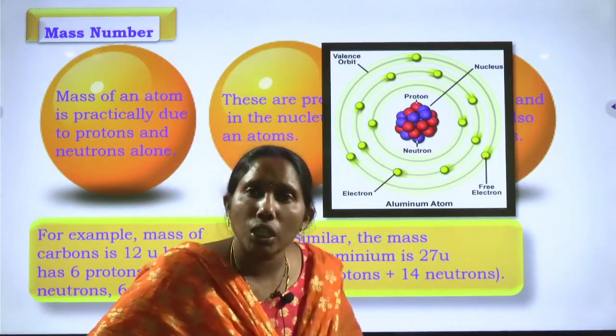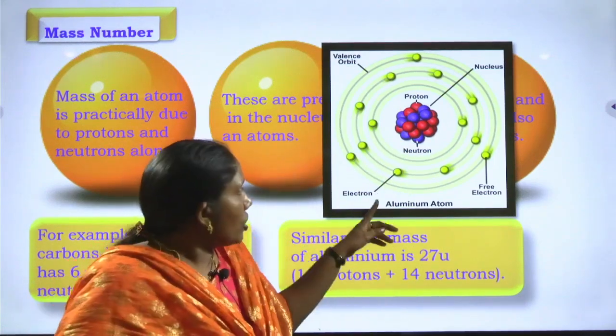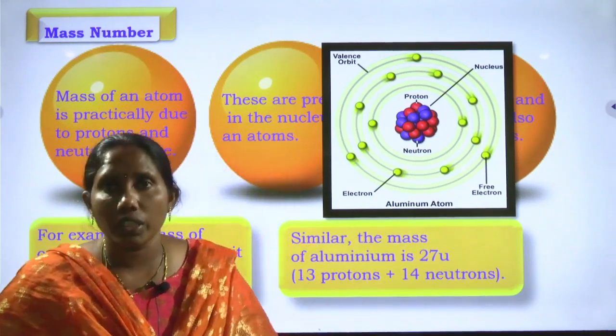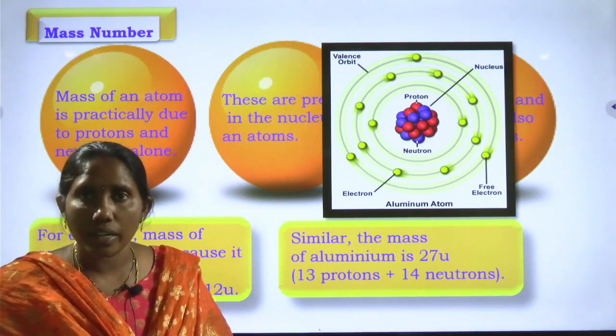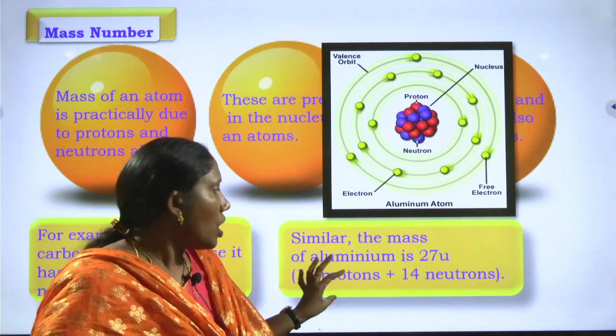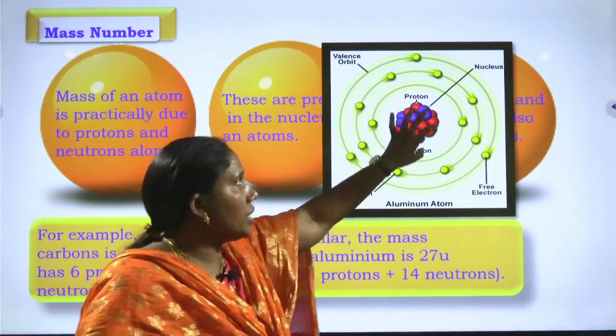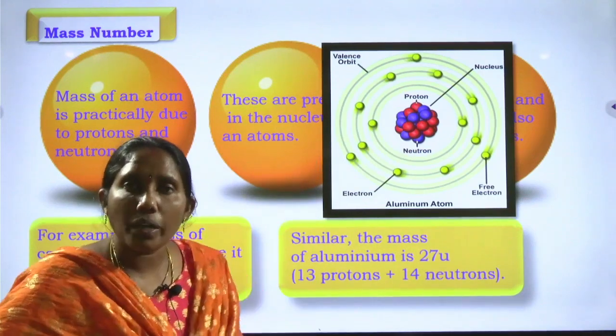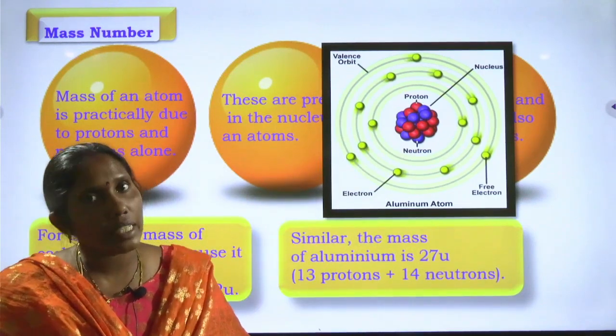Those are called nucleons. But electrons revolve around the nucleus in a free state. They are not combining with any other subatomic particles, right? So this is the graphical representation for aluminium. In this nucleus we have 13 protons. Why? Because aluminium's atomic number is 13.